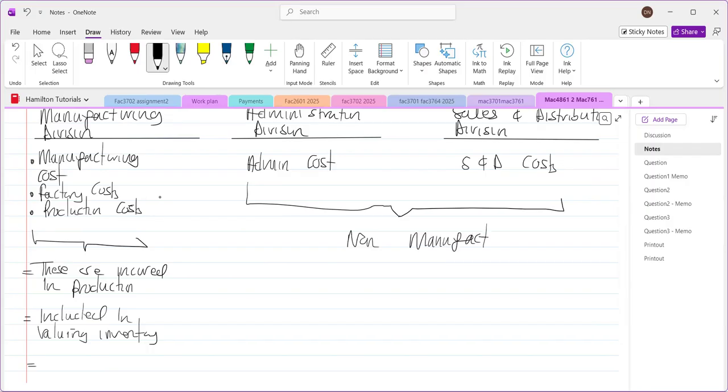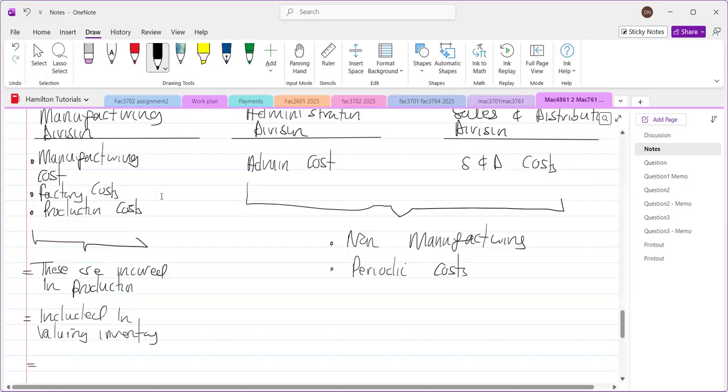Another term that is used to describe non-manufacturing costs is periodic costs. So these terms are very important. I have seen exams that say, in a few words, describe the term periodic cost with examples, 4 marks. So you need to be very, very clear on the terms.